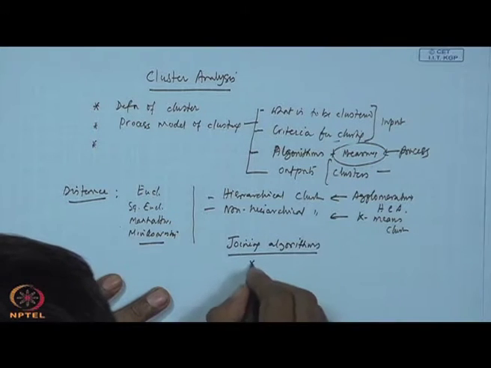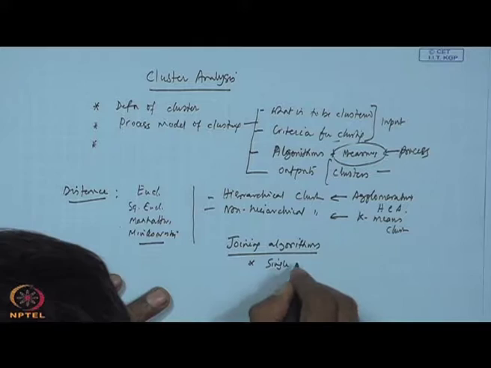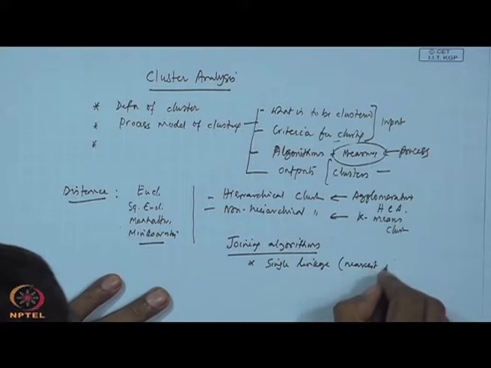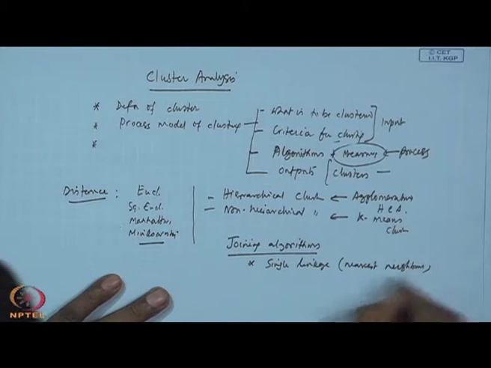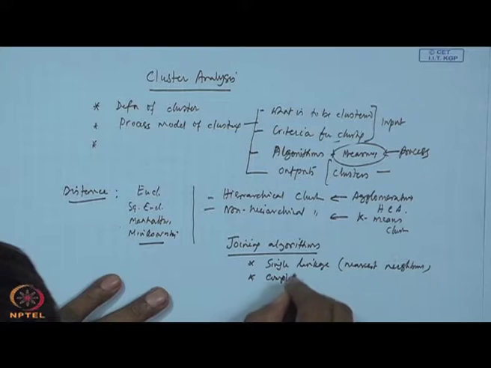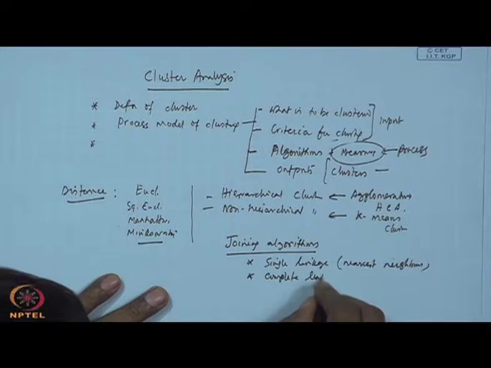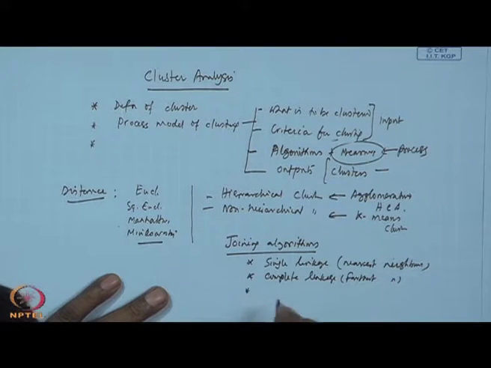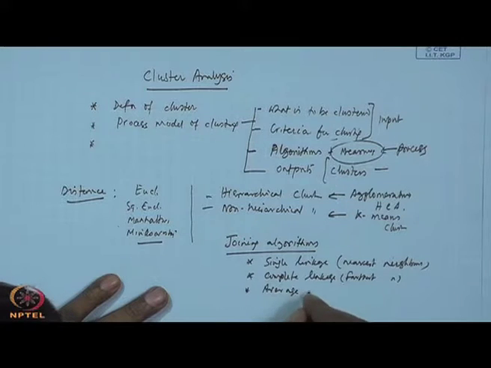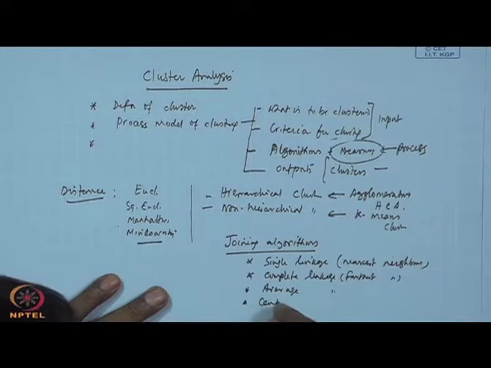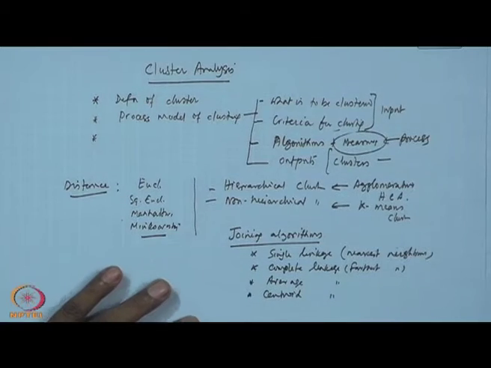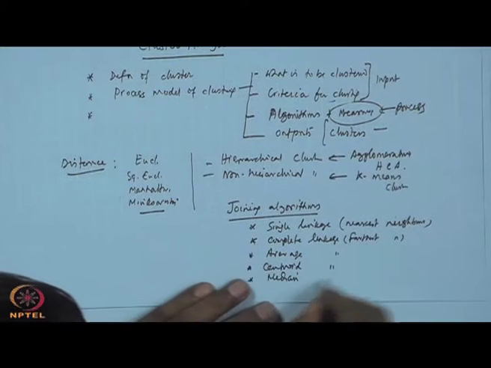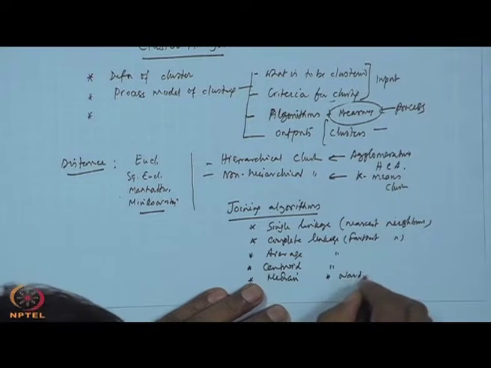For example, we discussed single linkage, which is also known as nearest neighbor, complete linkage, which is also known as farthest neighbor. Then we went to average linkage, then centroid linkage, then median linkage, then Ward linkage.